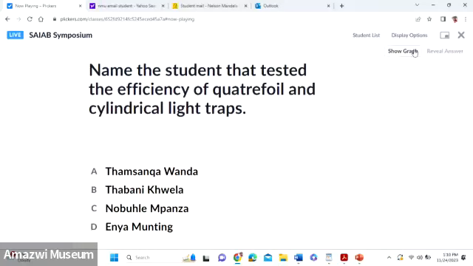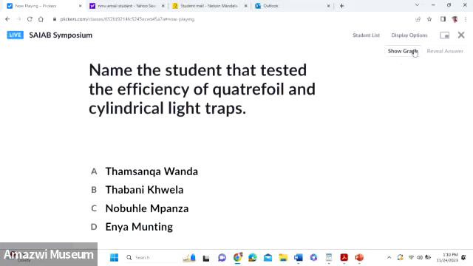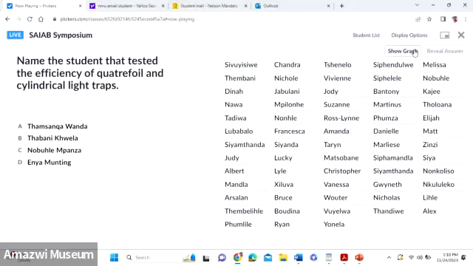Next question for you. Name the student that tested the efficiency of quadrifoil and cylindrical light traps. A, Tamsan Mawanda. B, Tabani Kwela. C, Nobuhle Mpanza. D, Enya Manting.